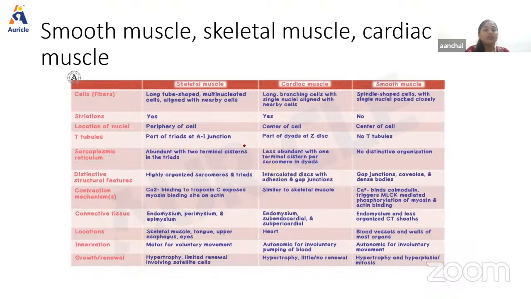One by one, we're going to understand the functional and anatomical properties of all these muscles. First we have skeletal muscles. Skeletal muscles are situated in association with bone, forming the skeletal system.